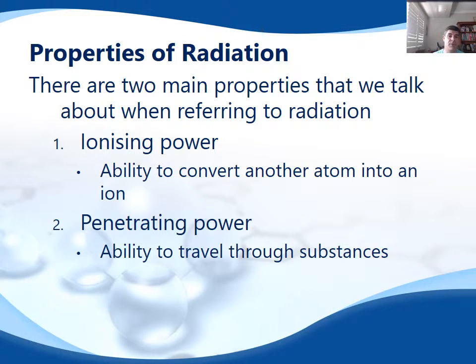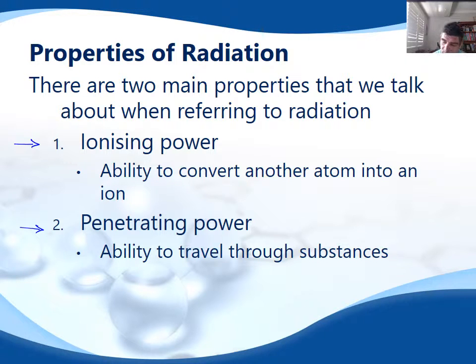So there's two important things to talk about. I guess there's a third, which is half-life, but we'll go into that a little bit later on. But when we're specifically referring to these three different types of radiation, then we want to focus in on two very important properties. And this is also going to be important when you're looking at the different uses of radioisotopes in industry and medicine.